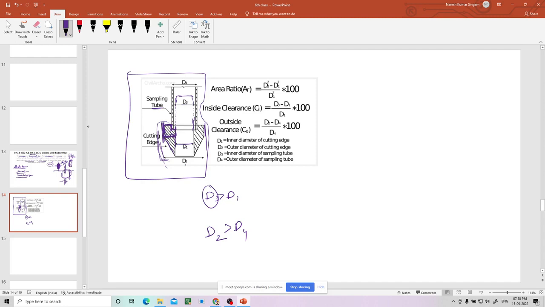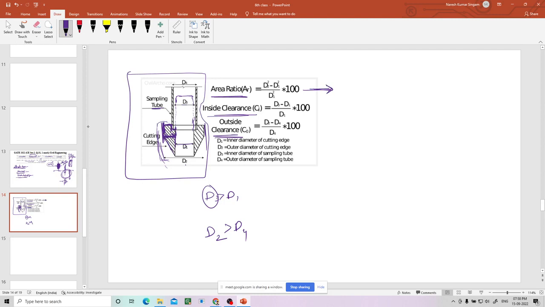That is how it is designed. Finally, the three things we consider while designing this sampler tube are area ratio, inside clearance and outside clearance. The formula for inside clearance is D2 square minus D1 square by D1 square.